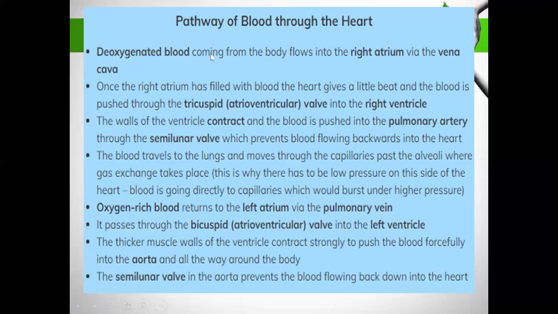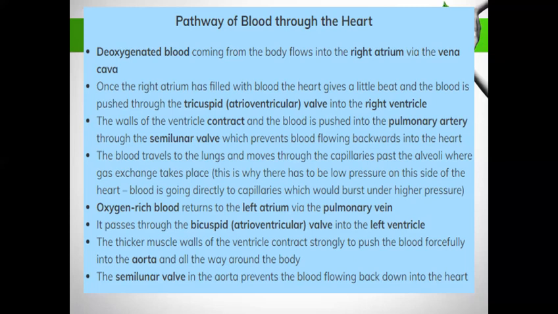When the right atrium contracts, the tricuspid valve opens and the blood enters the right ventricle. When the right ventricle contracts, the tricuspid valve closes but the semilunar valve opens, so the blood enters the pulmonary artery. From the pulmonary artery, it goes to the lungs, where gas exchange takes place.